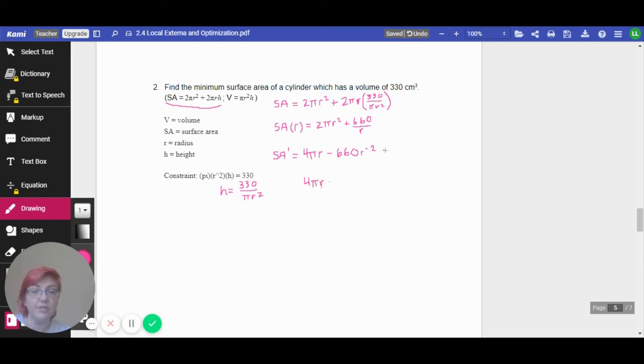Now, I can set it equal to 0 here, which immediately lets me know that I need to add 660 r to the negative 2 or 660 over r squared to both sides. So I'm just going to do that here. So 660 over r squared.